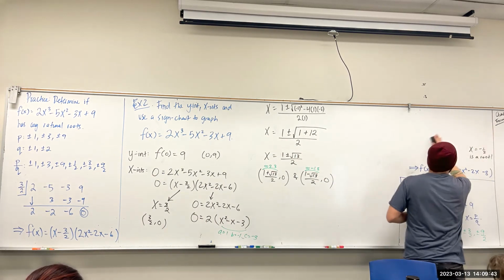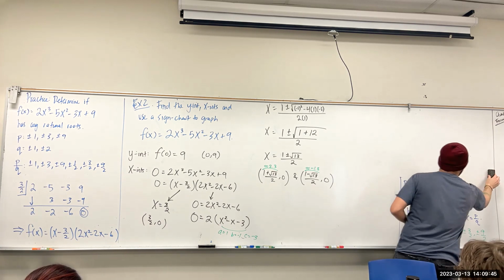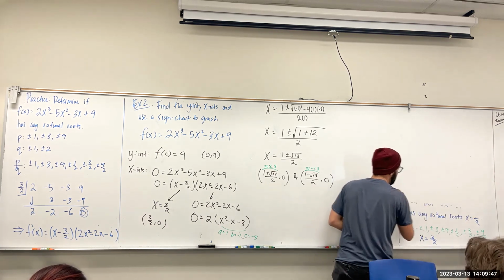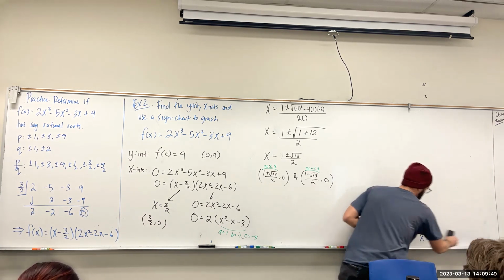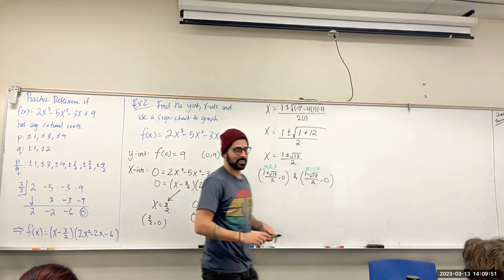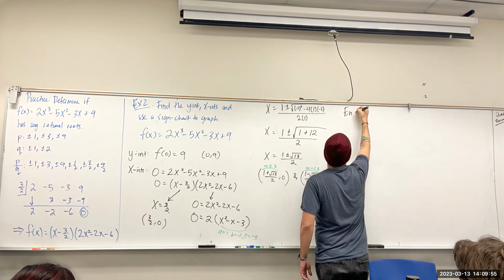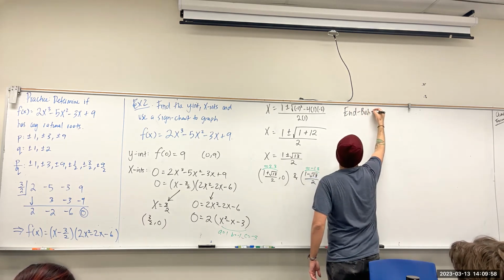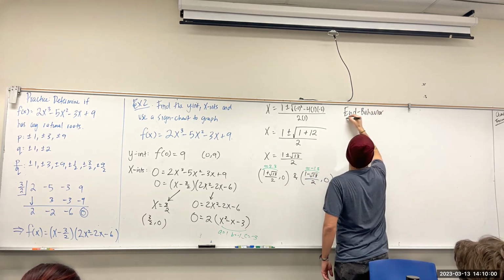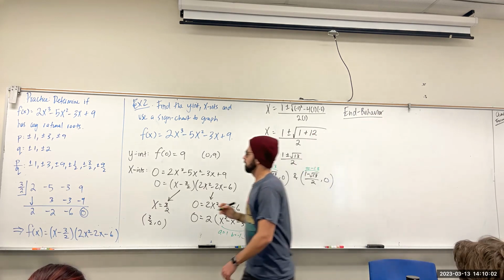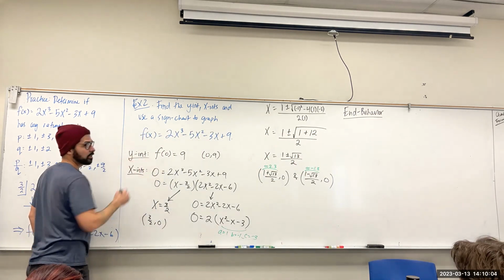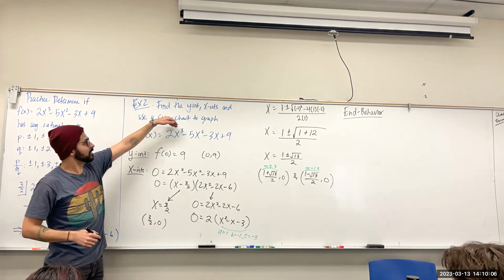Okay, guys, so let's see. What's the end behavior? That's it. It's a big old review for the test. End behavior. What about the polynomial can help you determine that? The exponent 3 is odd.